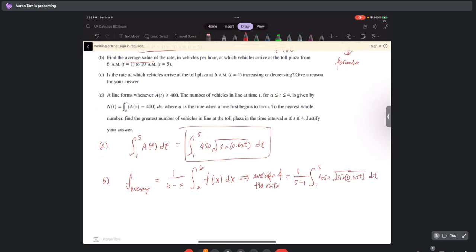Now, because this is a calculator part of the exam, you are definitely not expected to evaluate this by hand. Most likely you're going to use a graphing calculator to evaluate this.